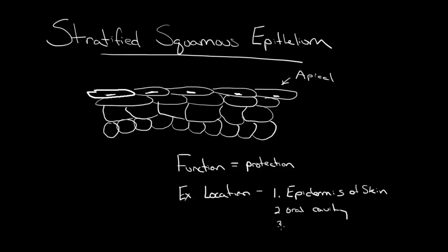We also find it in the vaginal cavity. And it is protection against abrasion in many of these cases that is provided. Okay? So we're going to take a look at stratified squamous epithelium under the microscope next.